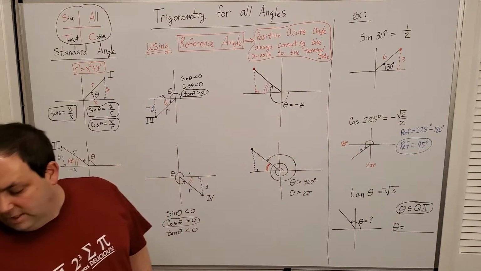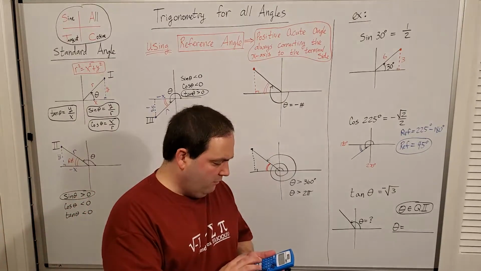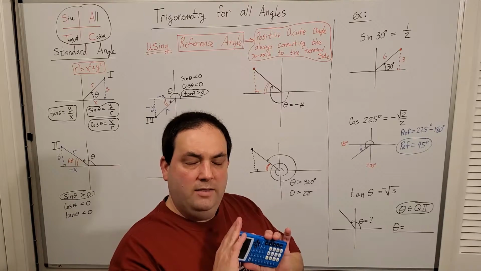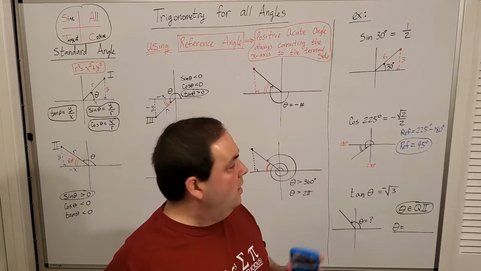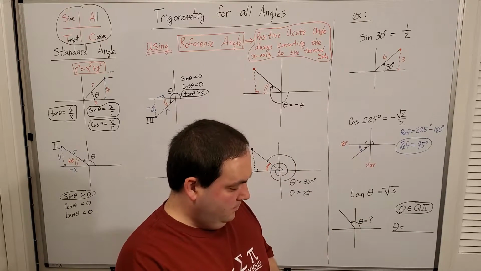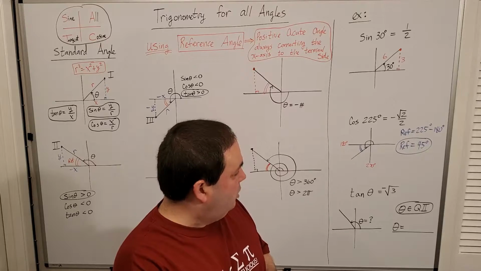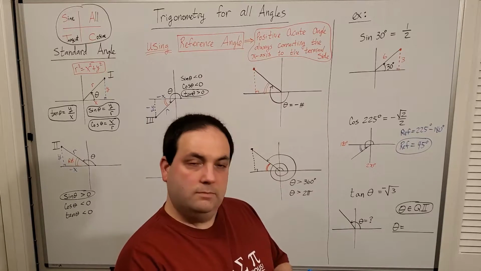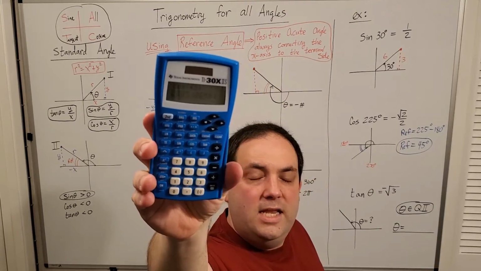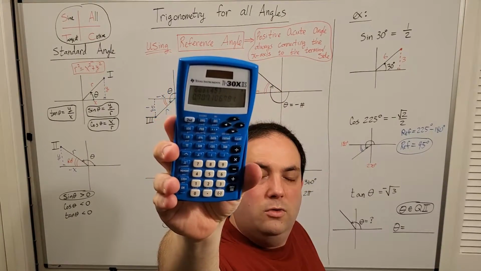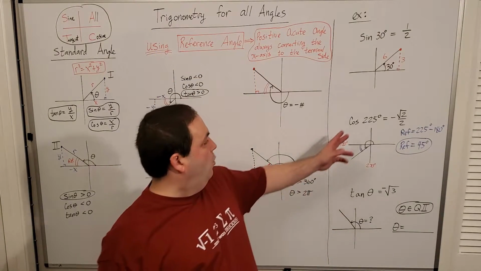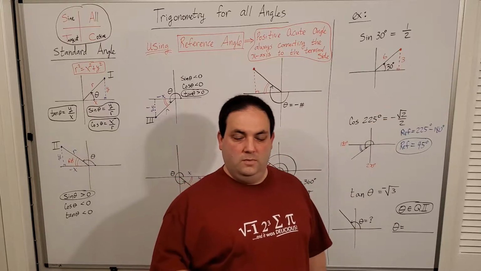Okay? Now here, let's double check that real quick. First of all, the calculator's not going to give me square root of 2 over 2. These calculators are not designed to give you those kind of answers, and it's on purpose. We want you to be able to know that. So if I just hit cosine of 45 degrees, that's the one that you would normally see in quadrant 1 or just inside of a right triangle. The cosine of 45 is 0.707. That's the decimal form of the square root of 2 over 2. Okay?